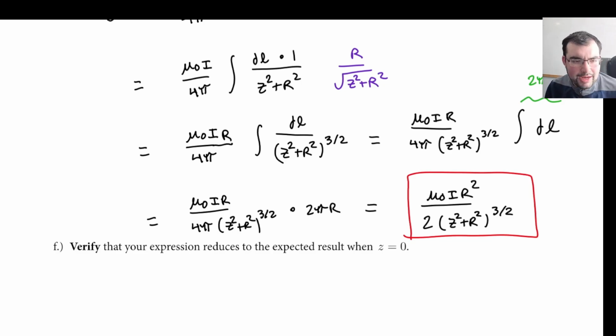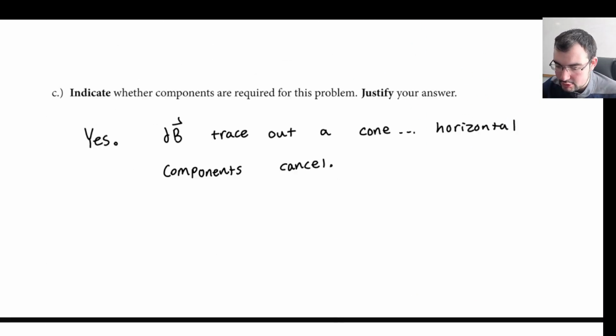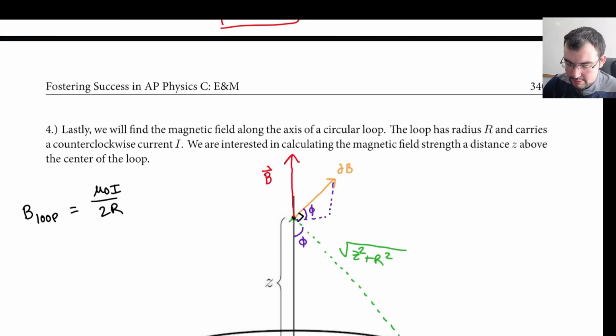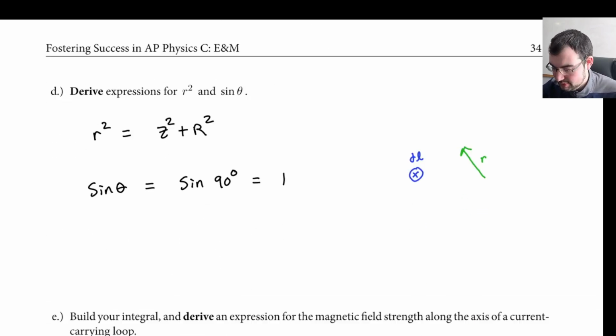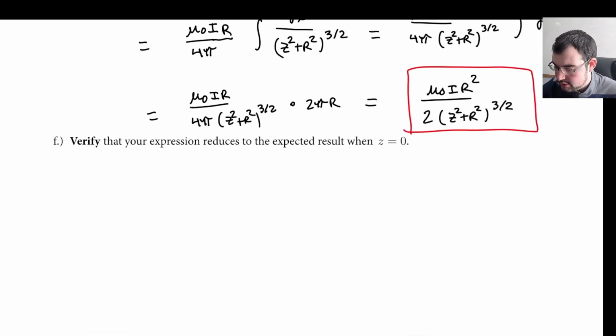Now let's check this. We have one very special case of this problem, and that's the case at the center. We know what B from a loop should be at the center, so our field at z equals 0 better be that. So let's check.